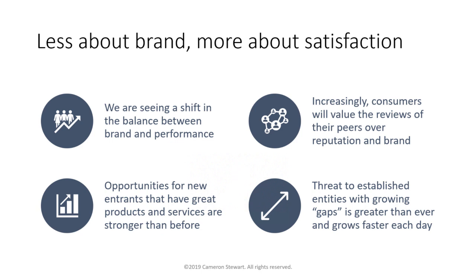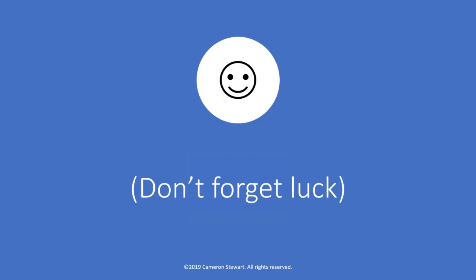The threat to established entities with growing gaps is greater than ever and grows faster each day, because if they rely on their brand, and not on the product, they're again in a tight spot. And just for the avoidance of doubt, don't forget the importance of luck, even for the startup. Getting the right contract, getting the right review from the right influencer is so important for those brands.